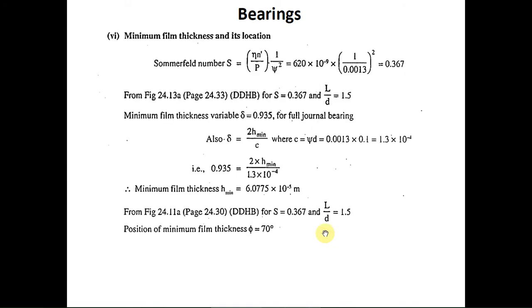Then fifth, minimum film thickness and its location. For this you have to find the Sommerfeld number.